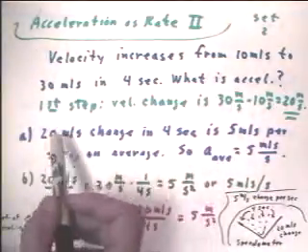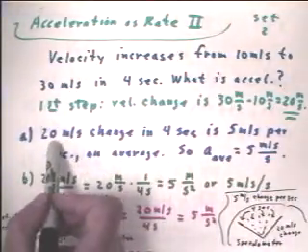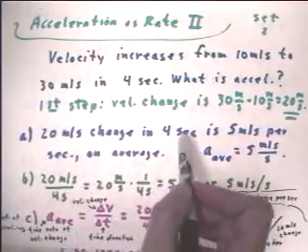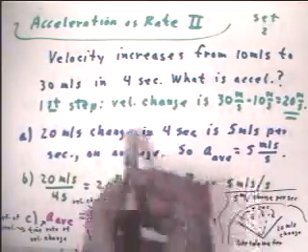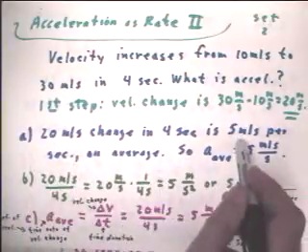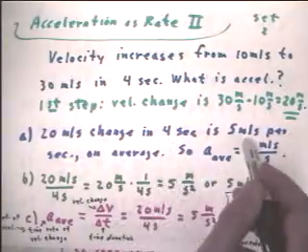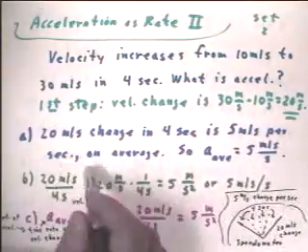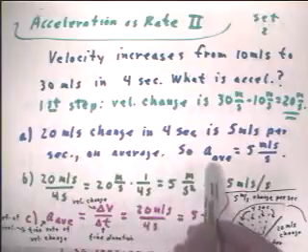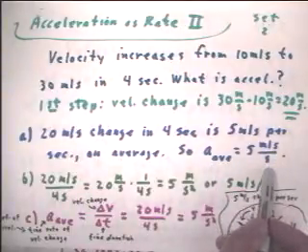So, at this point we know then that we have a 20 meter per second change in velocity in 4 seconds. Well, 20 meters per second in 4 seconds is 5 meters per second per second, because each of these 4 seconds will have to have a 5 meter per second change on the average. So the average acceleration is 5 meters per second per second.